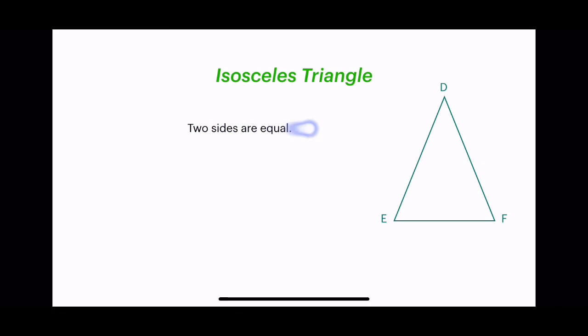Isosceles triangle. Here, isosceles triangle means 2 sides of a triangle are equal and a third side is different.